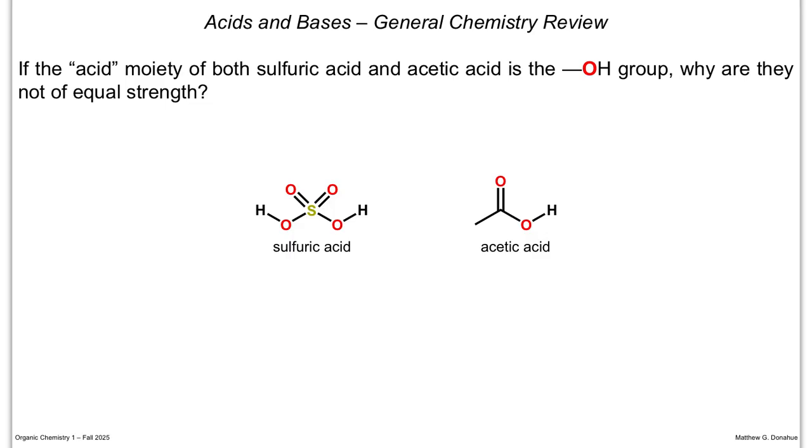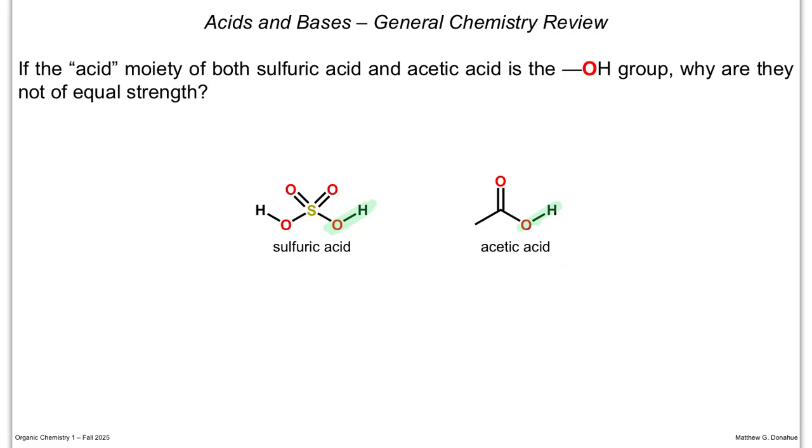What I want to draw your attention to is if we look at these structures, and I'll switch to the highlighter here, they both have that OH. The H of the OH is what is acting as the acid. If that is the same thing in both molecules, why is there a difference in strength? Why is one strong? Why is one weak?